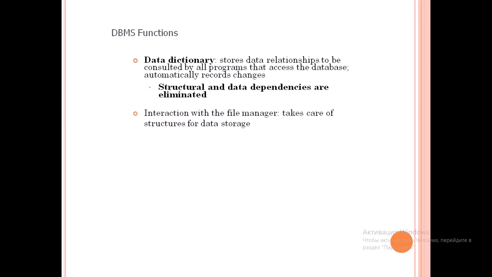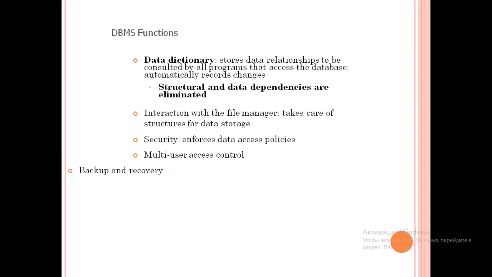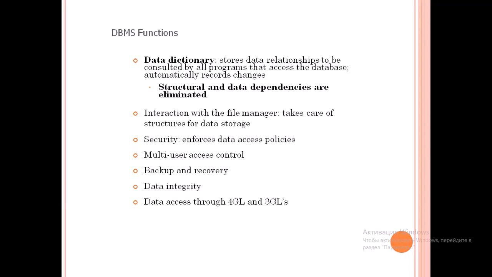The next, interaction with the file manager takes care of structures for data storage. Security enforces data access policies. Multi-user access control, backup and recovery. Data integrity. Data access through 4GL and 3GLs.